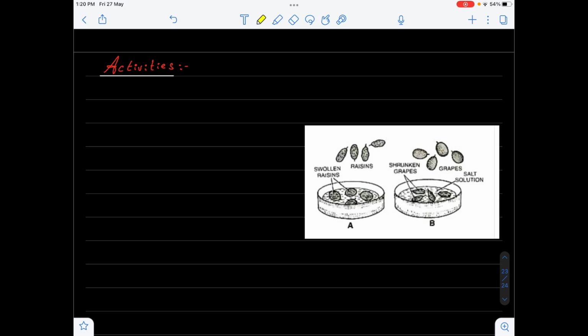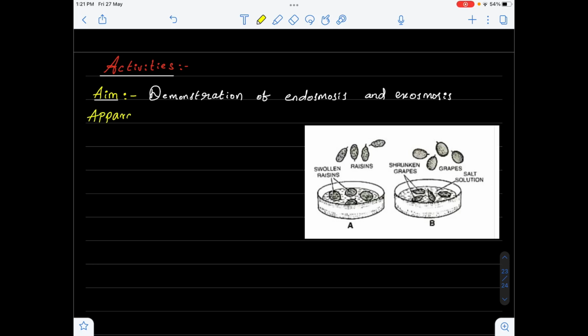Now let us start with the aim of the first activity: demonstration of endosmosis and exosmosis.